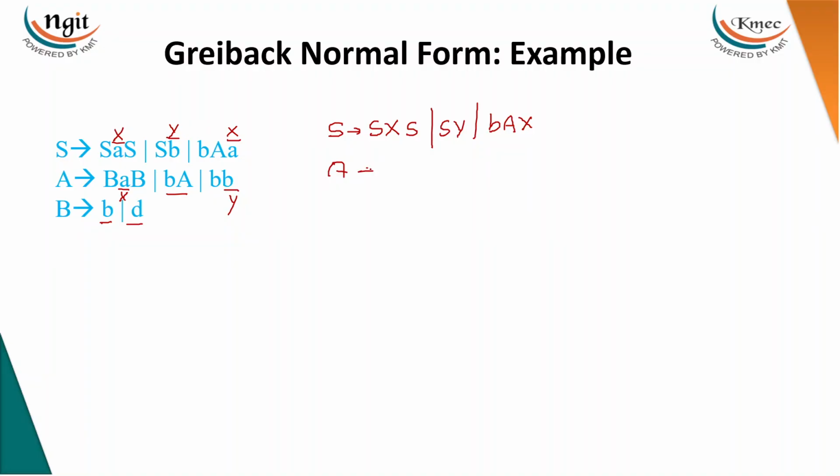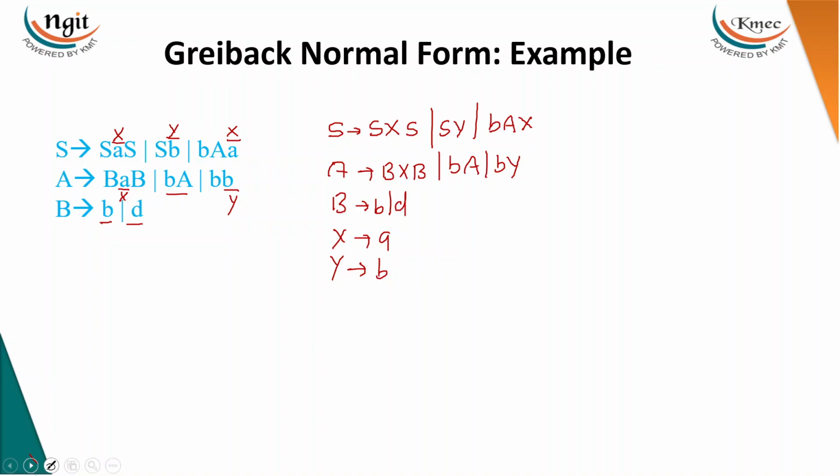Then A tends to BXB, BA, BY. Then B tends to B or D, and X tends to A, Y tends to B. Guys, you can use whatever symbol you want. There is no restriction at all.